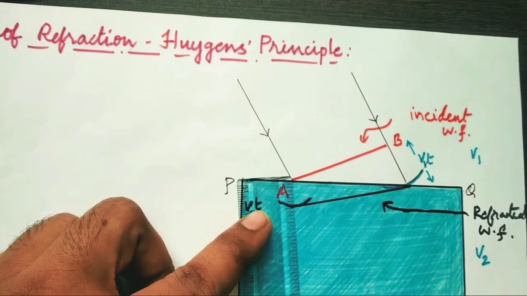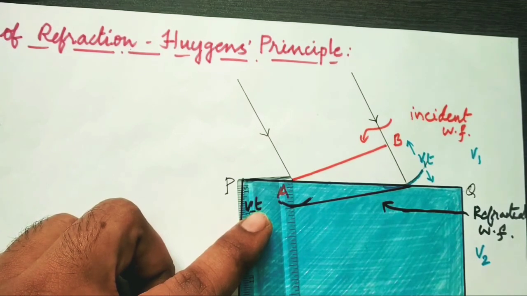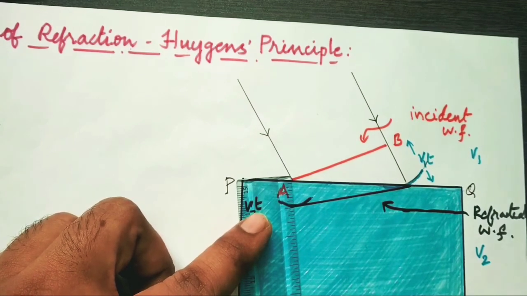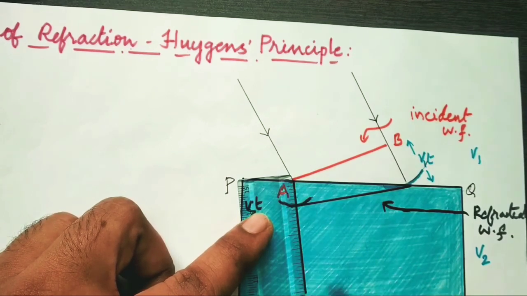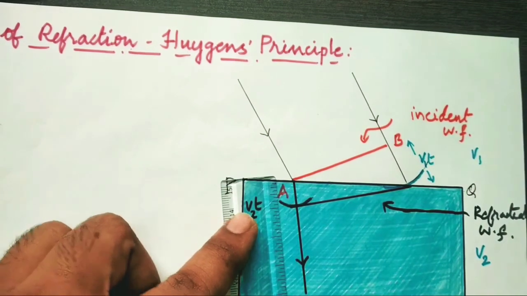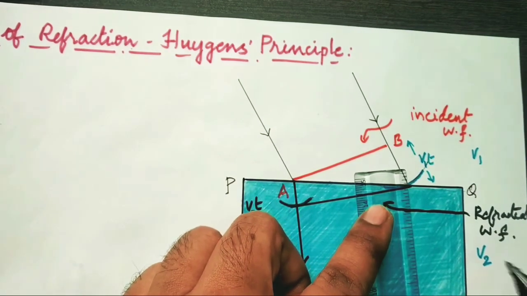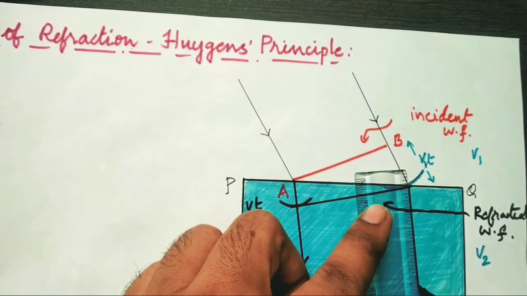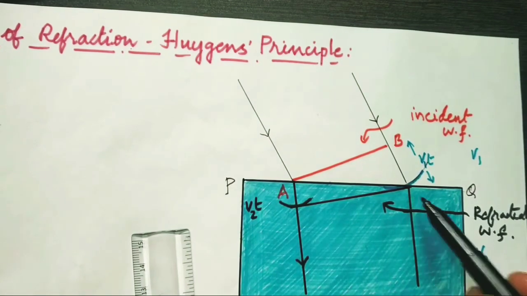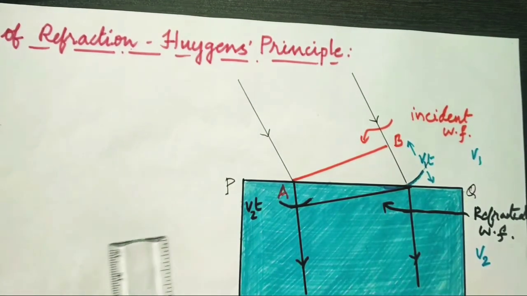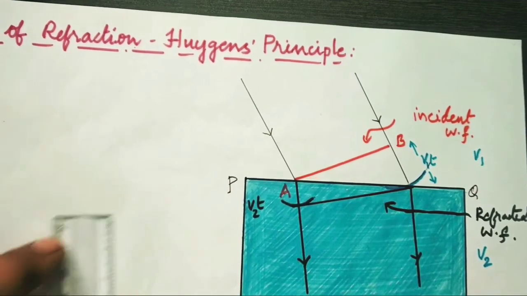We get the refracted light rays. I am taking an approximately perpendicular line from the refracted wavefront, from here taking 90 degrees. Now let us draw a perpendicular line here and in the similar way from here to here. These two serve as refracted rays.